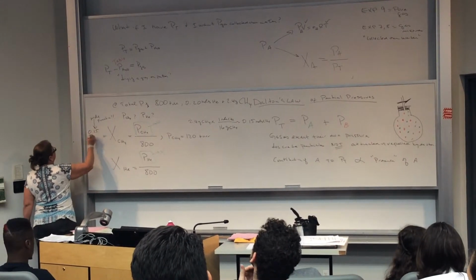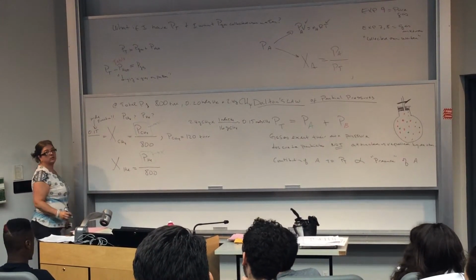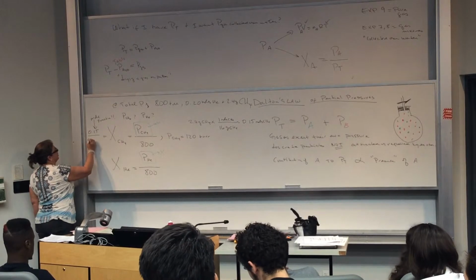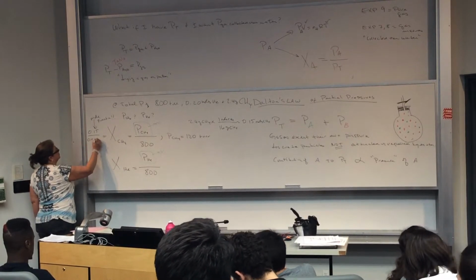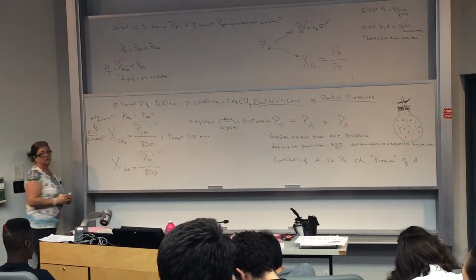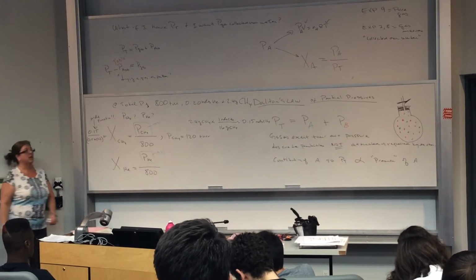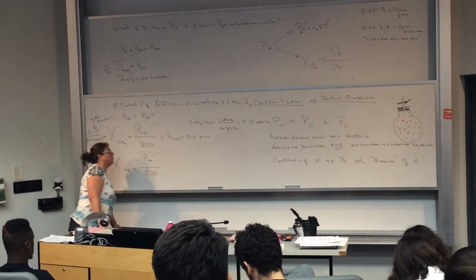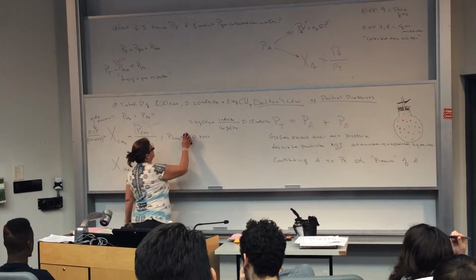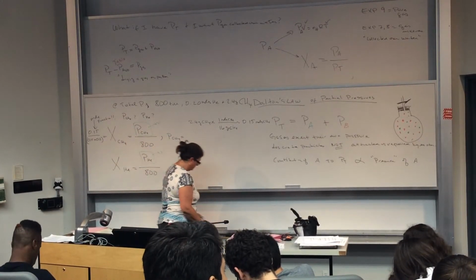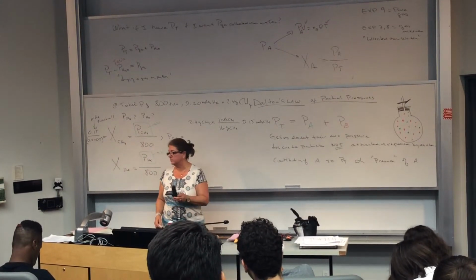Which you got by doing what? Adding the moles, 0.15 plus 0.2. Yeah. And now, what's the partial pressure of methane?